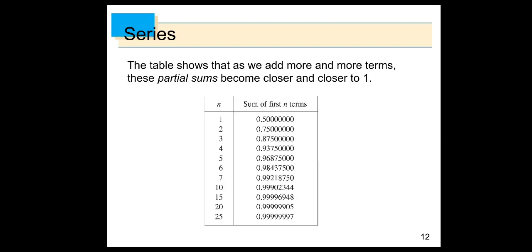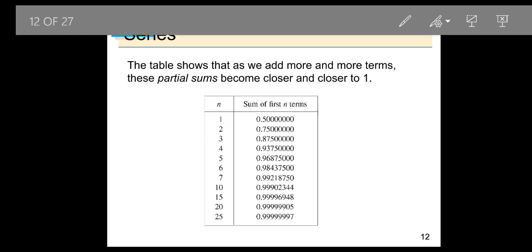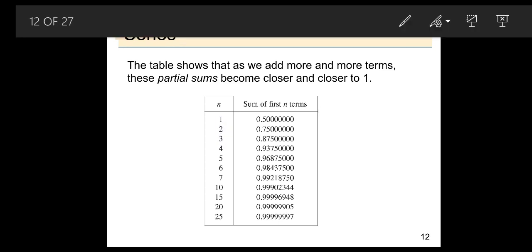We have an example over here. This table shows that as we add more and more terms, these partial sums get closer and closer to 1. I'll explain the concept of the partial sums, but first of all, you have to see over here, when we start from our first term, this is the first term, second term, third term, right?